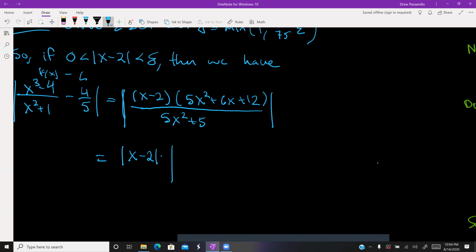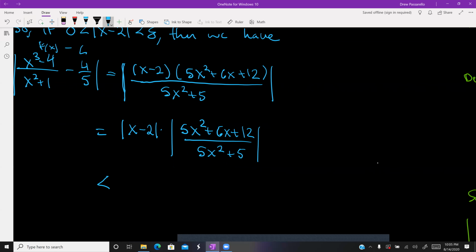So we know this is going to be less than, we had our bound for the 5x squared plus 6x plus 12 over 5x squared plus 5, that bound using delta being 1 was 75/10. And then for the other one, whatever the minimum is, it's going to be 10 over 75 times epsilon. So then that's going to give us epsilon. All right, and that completes the proof.